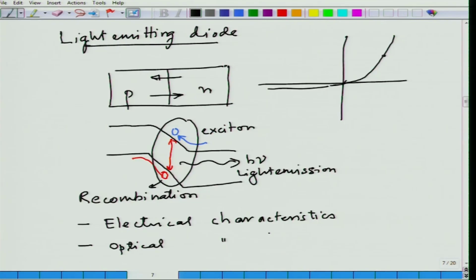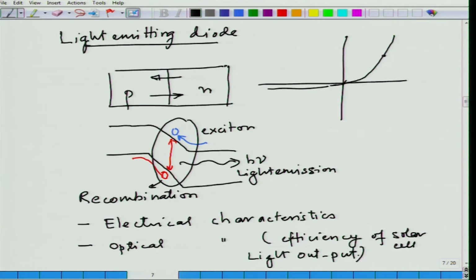In terms of solar cell, this will be the efficiency of the solar cell, and in terms of the light emitting diode, it would be the amount of light output from the diode. So, I can break the problem into two problems. First is understanding only the electrical characteristics of the p-n diode, which is common whether you are using it as a solar cell or as a light emitting diode, and the two can then be superimposed on each other to find the final solution.